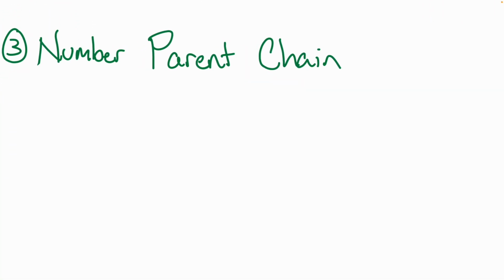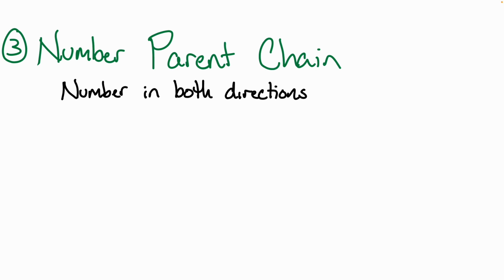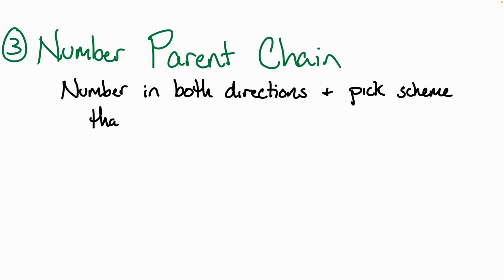But when we number our parent chain, we're going to number in both directions. All right? And then we're going to pick the numbering scheme that gives us the lowest number in our name.